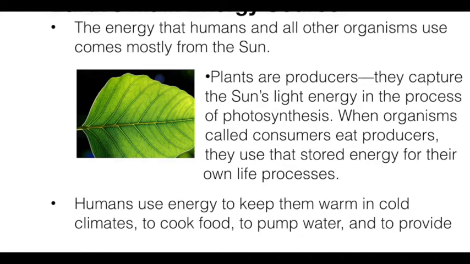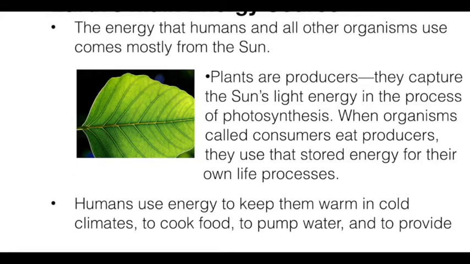So they're taking the energy of the sun and doing something chemically that wouldn't happen spontaneously. You're actually using the energy to put bonds together. Now, once those bonds are together, they can be broken down to release energy.